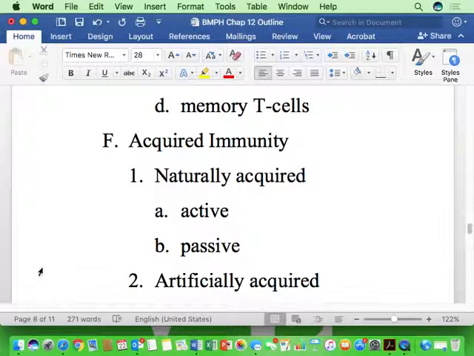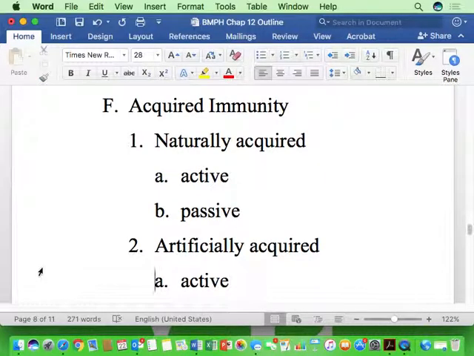Artificially, so once again, with active, it has to be something where your body is actively producing a memory. So to artificially actively acquire immunity, that's what vaccines are about.